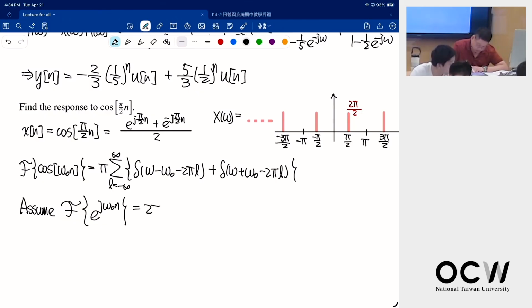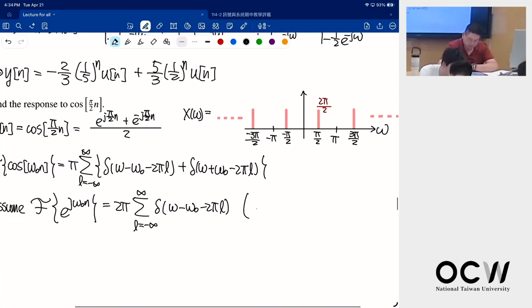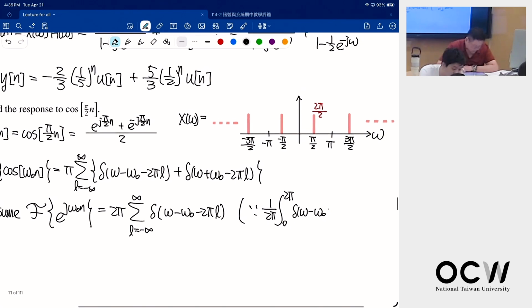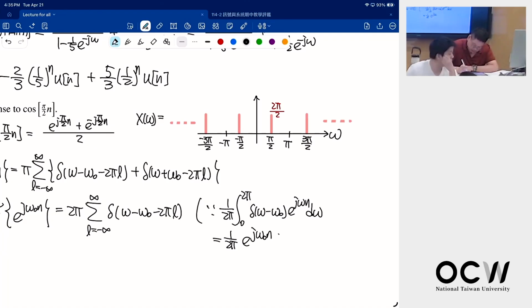This is 2 pi summation delta function omega minus omega naught minus 2 pi L. Because if I do the inverse Fourier transform, 1 over 2 pi, integrating from 0 to 2 pi, 1 cycle, this is 1 over 2 pi times e to the j omega naught n times 2 pi.